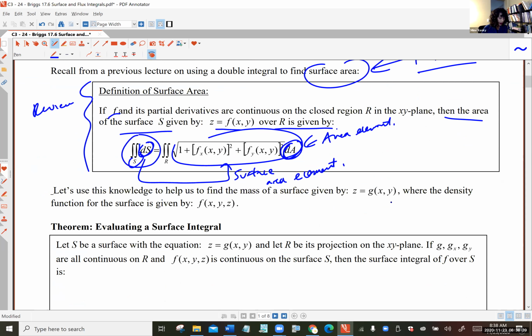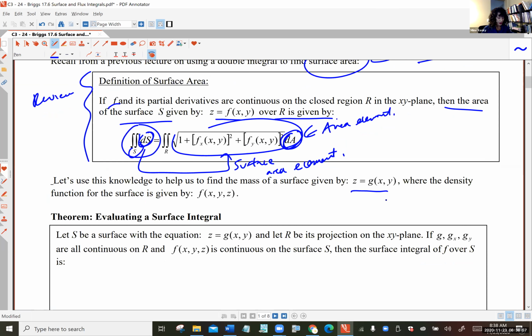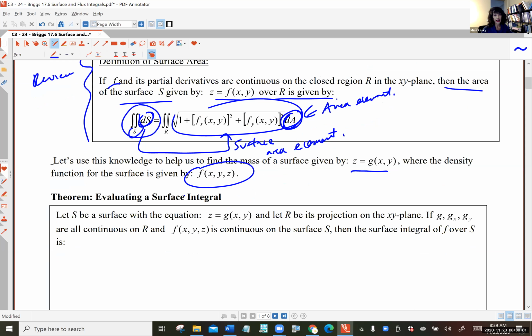Okay. Now, I'm not going to redo surface area double integrals because you're already knowledgeable about that. But we're going to use this surface integral that's got the surface area element in it to help us find the mass of a surface given by z equals g of xy, where the density is given by f of xyz.